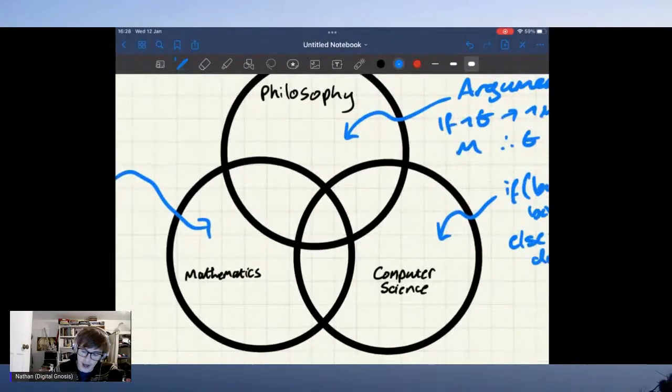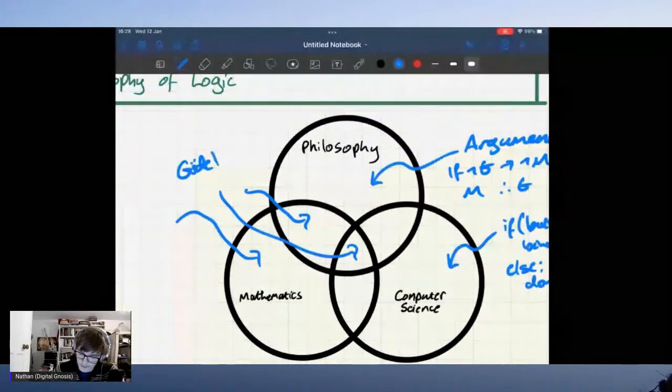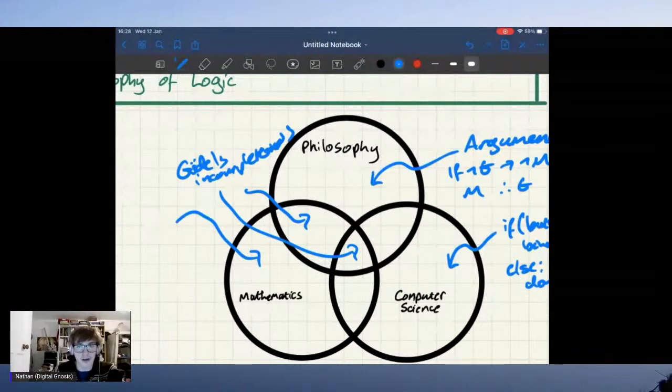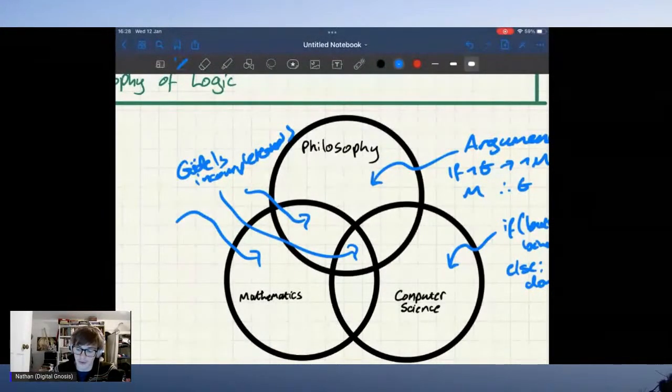Now, there are areas where these things intersect. For example, we might have an intersection between potentially all three when it comes to something like incompleteness. There are going to be philosophical implications about incompleteness, which is about the way that reality fundamentally is, or whether we think numbers exist or mathematics actually exists, other than it being some language that we just talk about.